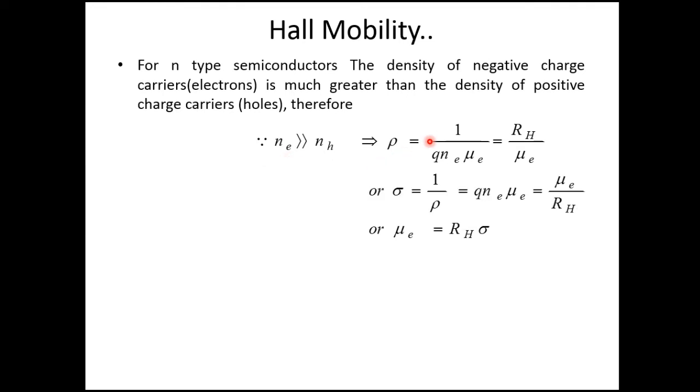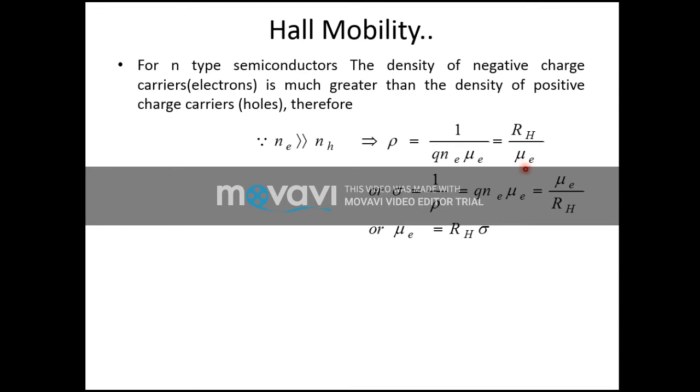So rho is equal to 1 by Q Ne mu E, and you know that 1 by Q Ne is Hall coefficient, which is RH, so RH divided by mu E, and sigma is the conductivity, is equal to 1 by rho, 1 by resistivity, so it is Q Ne mu E.